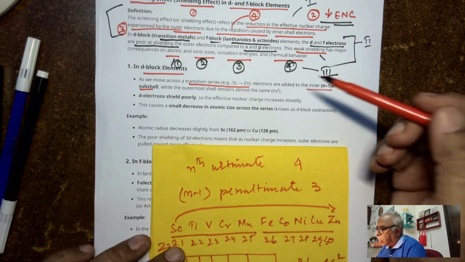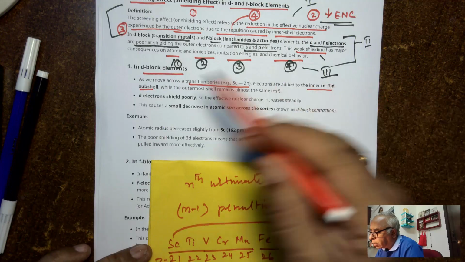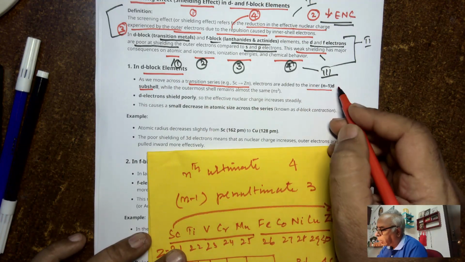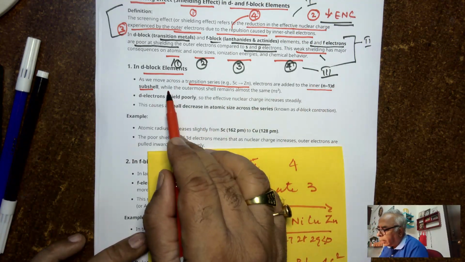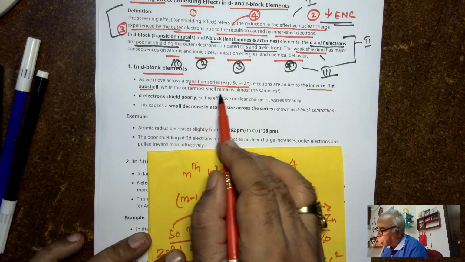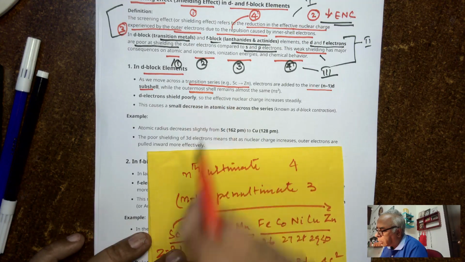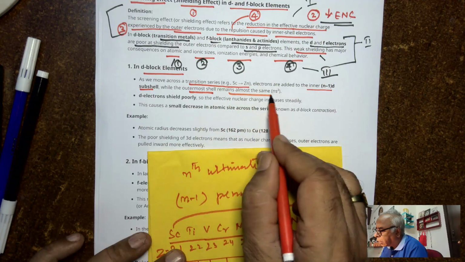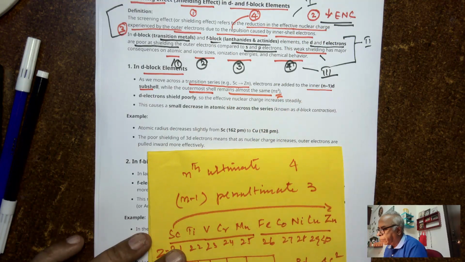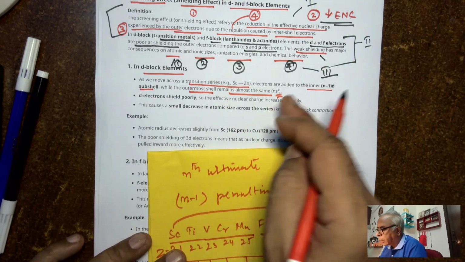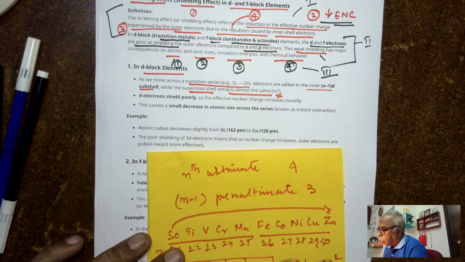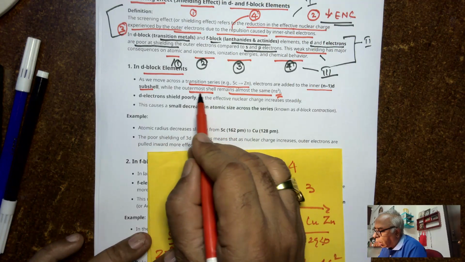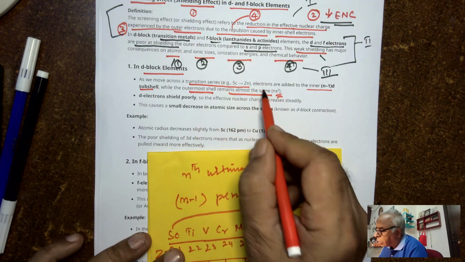Then the outermost shell, meaning nth shell, remains almost the same, which is nothing but ns2. Don't call it ns squared, it is ns2.